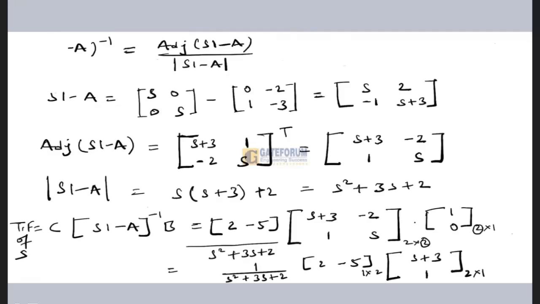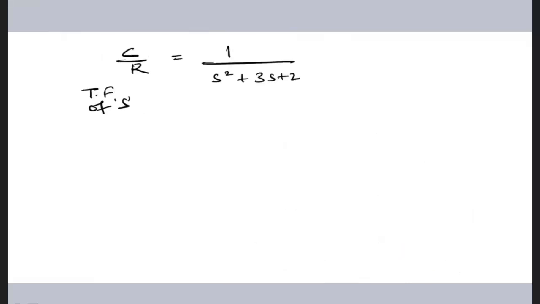So C by R, which is nothing but the transfer function of s, will be equal to 1 by s square plus 3s plus 2, and this particular part will be 2 into (s plus 3) minus 5.